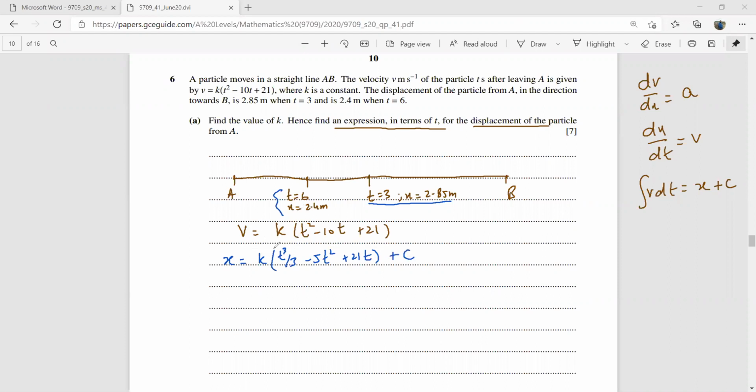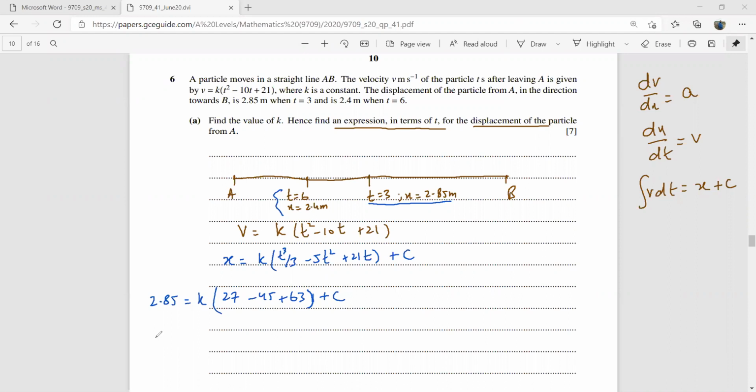Okay, so you will use this 3 and 2.85. You will have 2.85 equal to k into 3 cube over 3, which is 27, minus 45 plus 63, and then there is plus c.